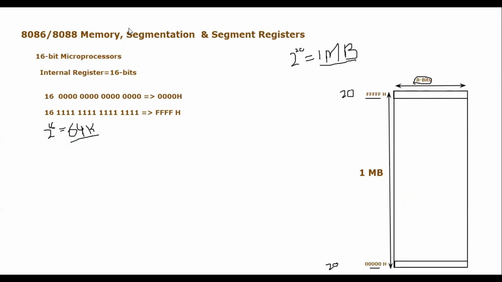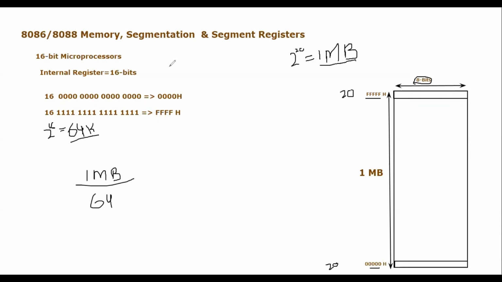So how many segments will we produce? Because we have this capacity of 1 megabyte in total, or 1 million locations, right? And we have only 64 kilo locations accessible. So what will we do? We will divide them. Total locations are 1 million, and we divide by 64.